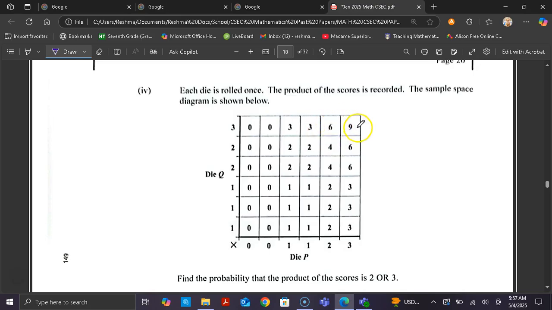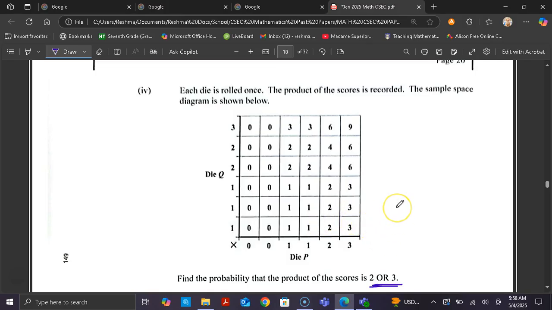All right, so that's how this sample space diagram was created. So we want to find the probability that the product of the scores is 2 or 3. So let's count how many of the products of the scores are 2 or 3.